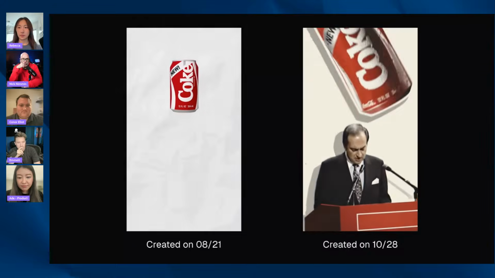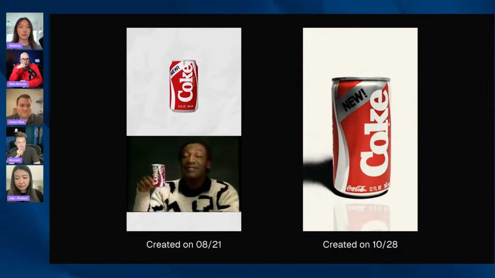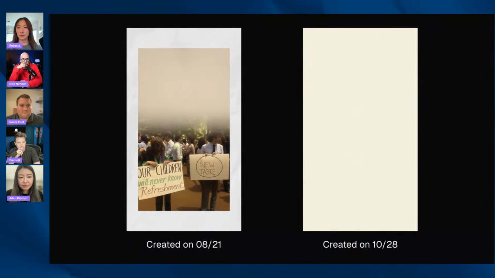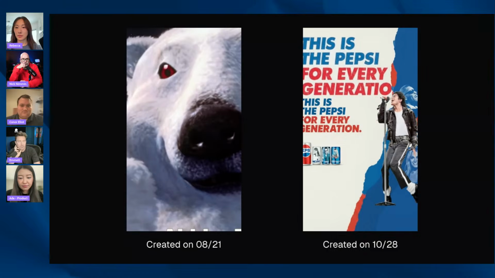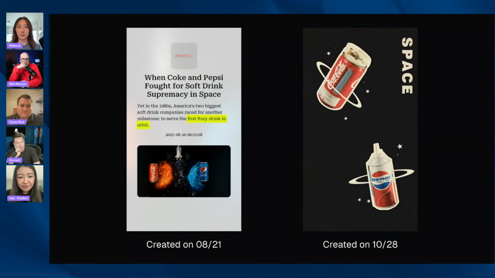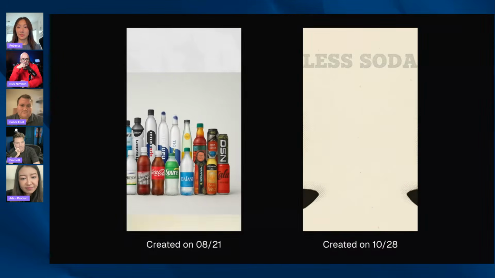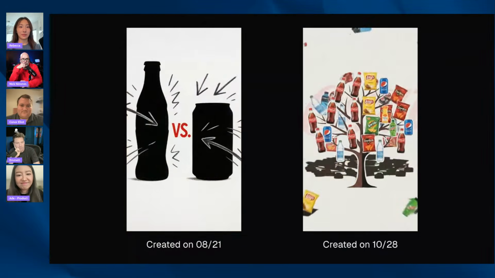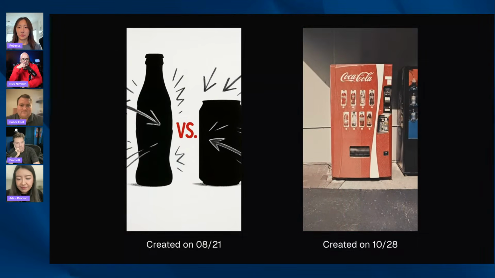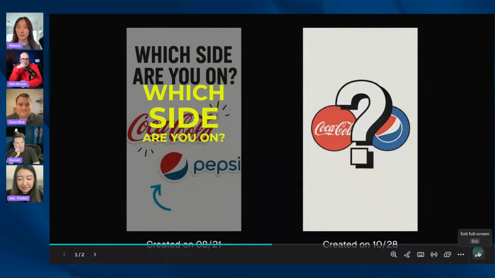Panicked, Coca-Cola launched New Coke in 1985, a massive failure that was pulled in just 3 months. They've battled with celebrity ads, from Michael Jackson to polar bears, and even tried to take their drinks to space. Today, as people drink less soda, both companies are diversifying, but the cola wars remain a legendary business battle. So, which side are you on? Let me know in the comments.